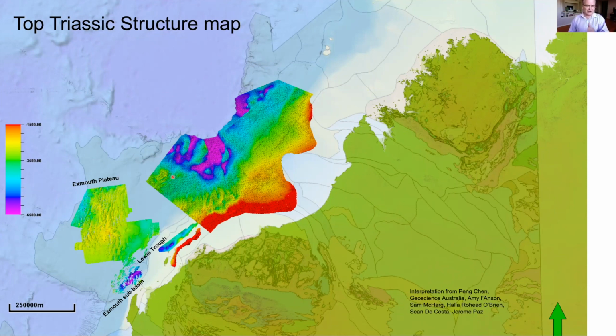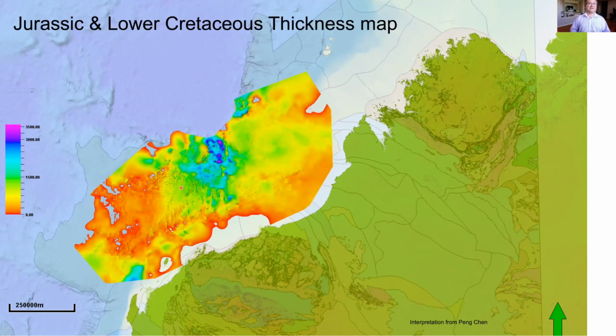So there's a migration, just as there's a migration of the Permian rifting into the Triassic from here over to here. That same west to east migration of fault activity appears to occur from the latest Triassic into the Middle Jurassic. Sediment input at that time, as I say, was predominantly from the east.